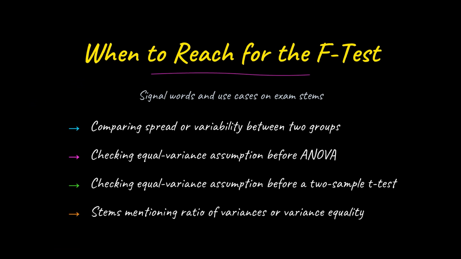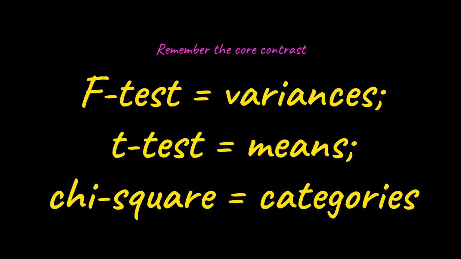Those phrases are pointing directly at the F-test, not the t-test and not chi-square. The cleanest way to avoid misselection is to ask what the research question actually concerns. The F-test answers questions about variability. Choosing the right tool starts with identifying the right question.